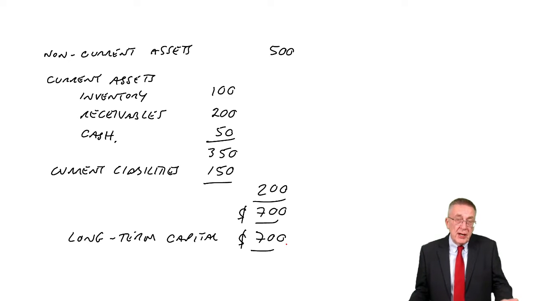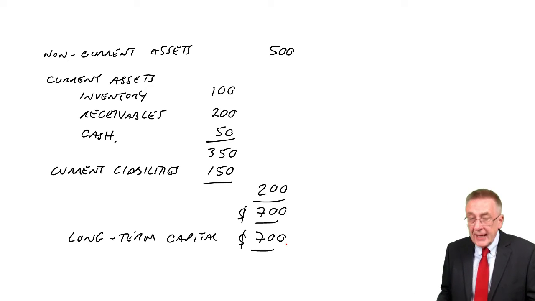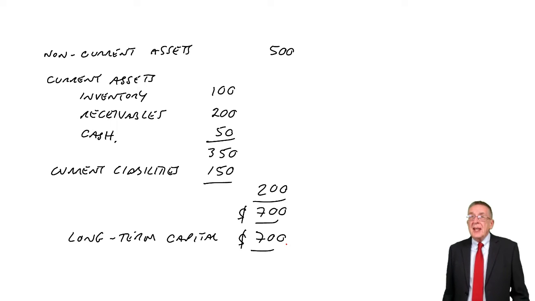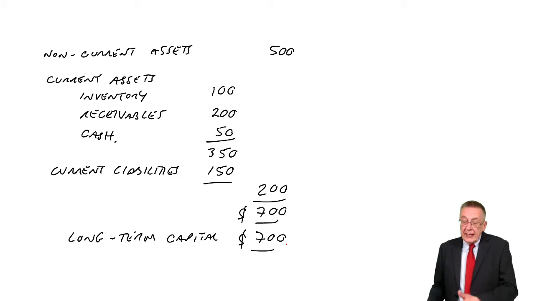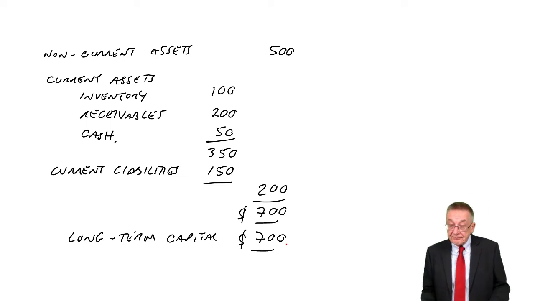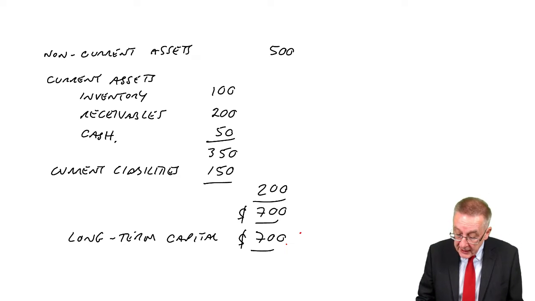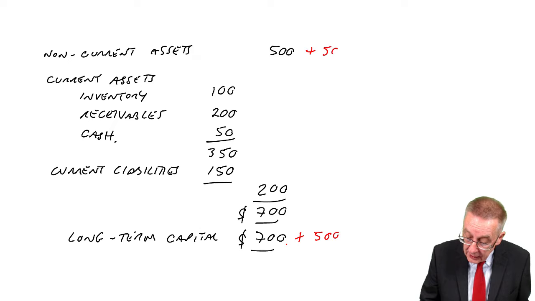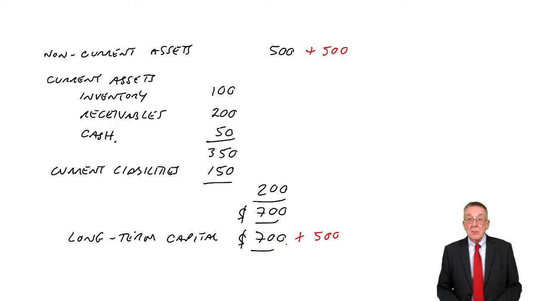I mean, it's a baby illustration, appreciate. In the exam, you won't be illustrating. You could be asked to explain it. Buying another 500 non-current assets doesn't necessarily mean we're twice as big, but still. They're going to borrow another 500 long-term capital, and they're going to invest it in non-current assets. No problem.